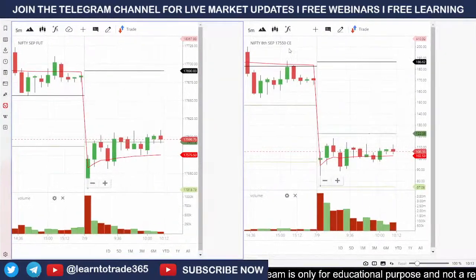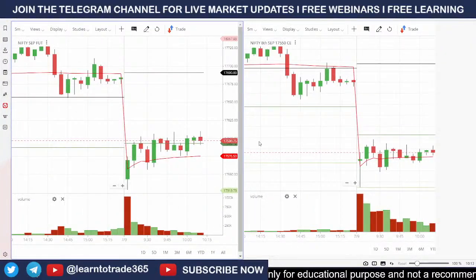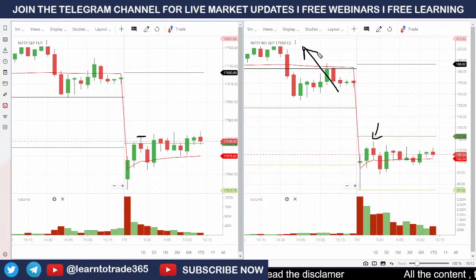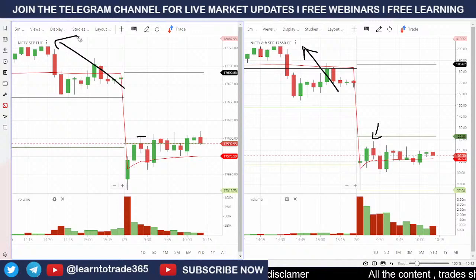I believe you can see this chart. Okay, so here, how to identify the decay? Very simple. When the morning price was at this point, this was the candle. The option chart is on the right side, and on the left side is the futures chart.